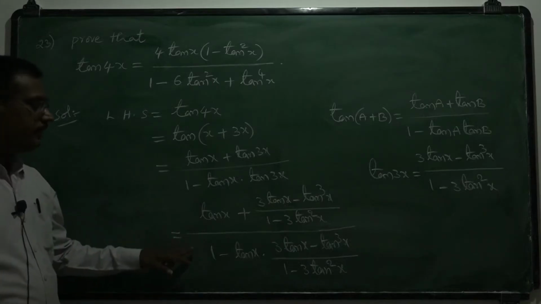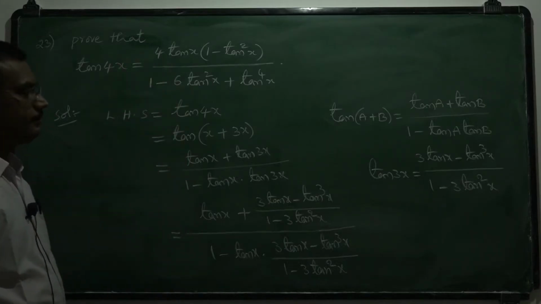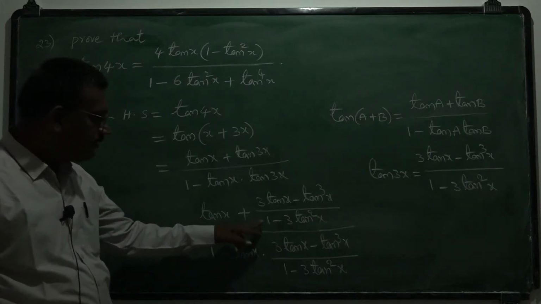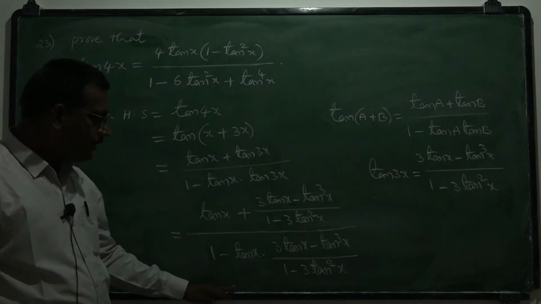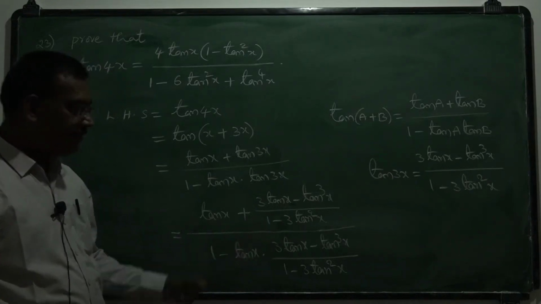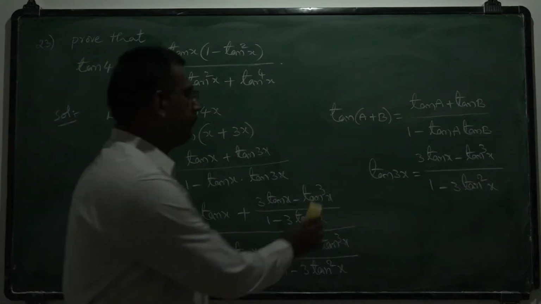Now simplifying this, you get the answer. So here in the numerator LCM is 1 minus 3 tan square x. In the denominator LCM is 1 minus 3 tan square x. Both the denominators are cancelled. Just do the LCM here.